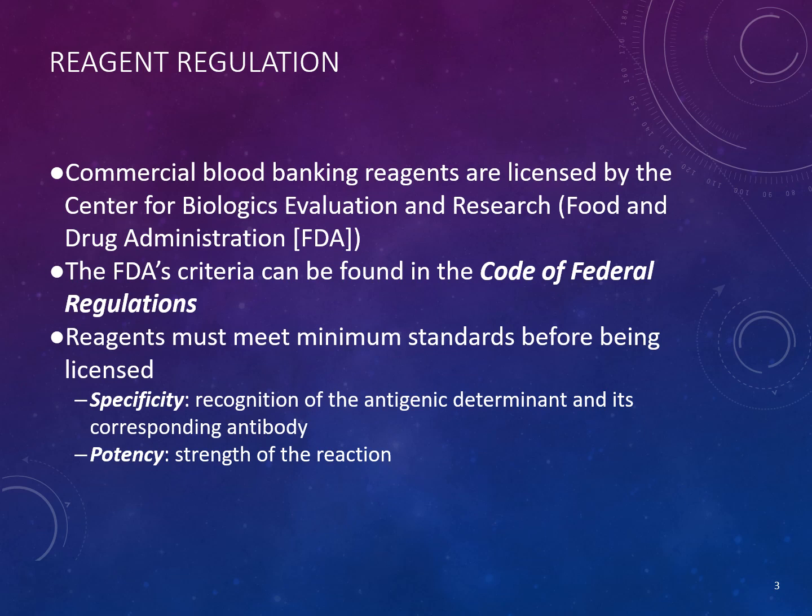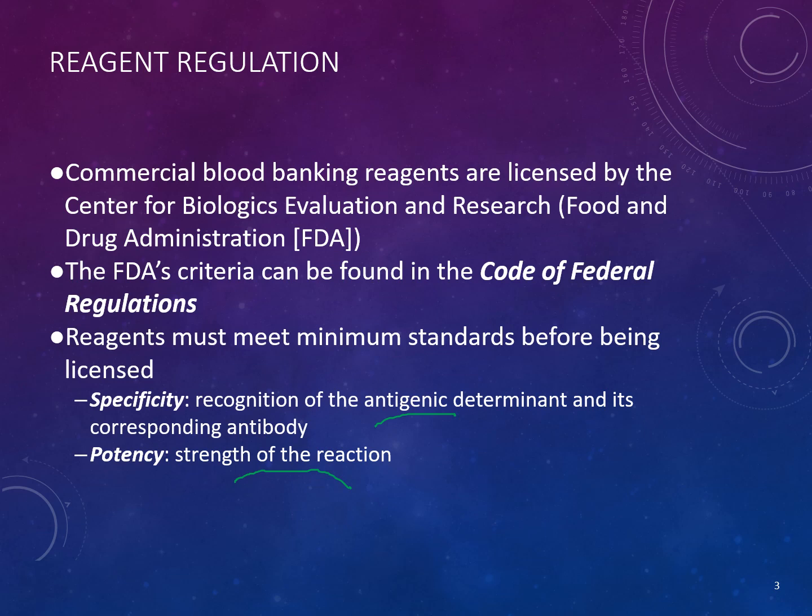Now, the reagents must meet minimum standards in order to be used in blood bank. These standards state that it must meet certain specificity, meaning that it has to be specific for the particular antigen that you are looking for. And then it also has to have potency, so that you have a stronger reaction from that particular reagent.